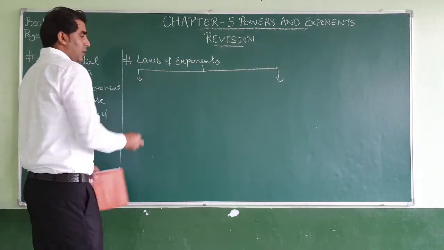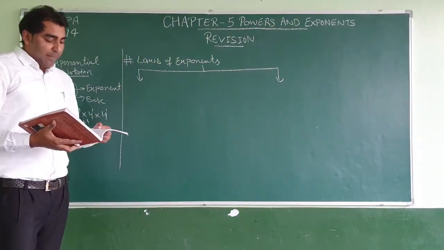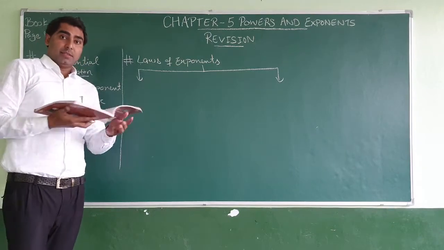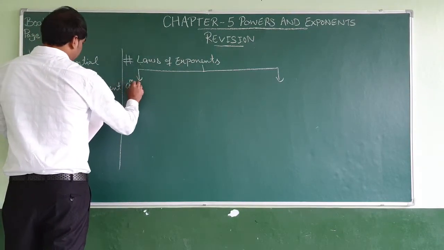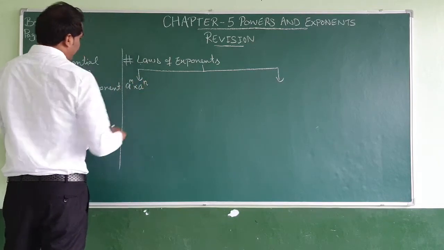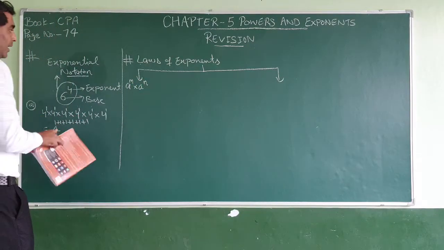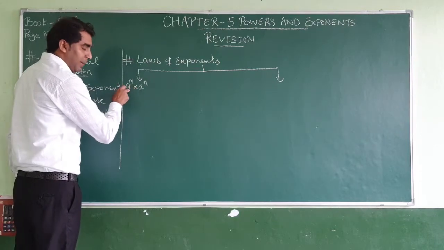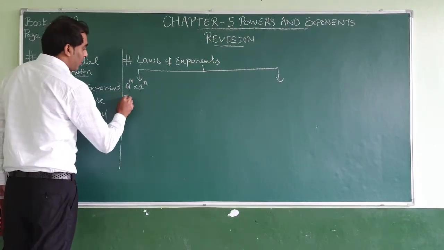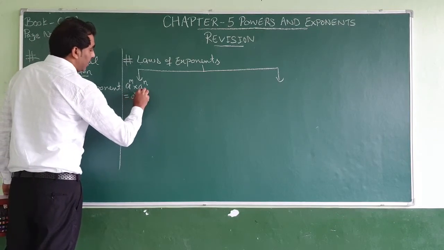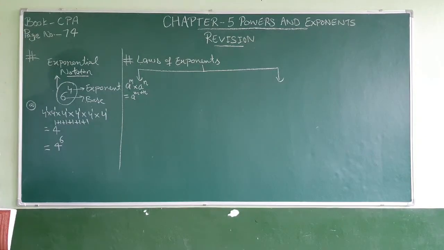First is multiplying numbers with the same base. If we have a power m multiply a power n, and the bases are the same, then the powers will be added. This is the first law: a power m plus n.